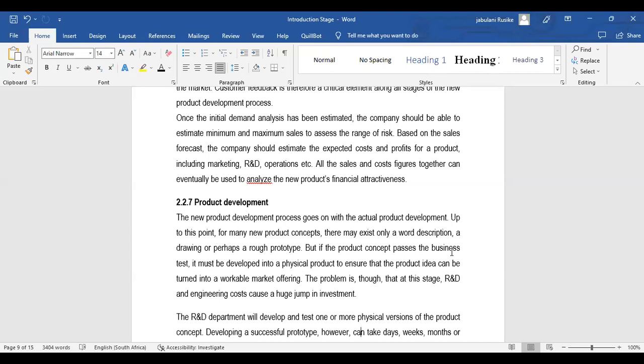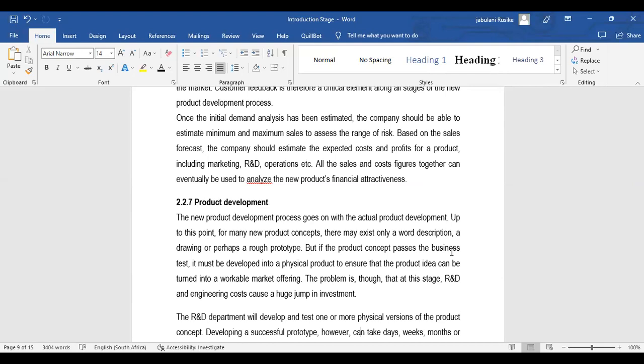These are the specifications that we want. Can you produce this product? We want these quantities. We want these features. We want this quality. And then the engineering department would produce the product, right?